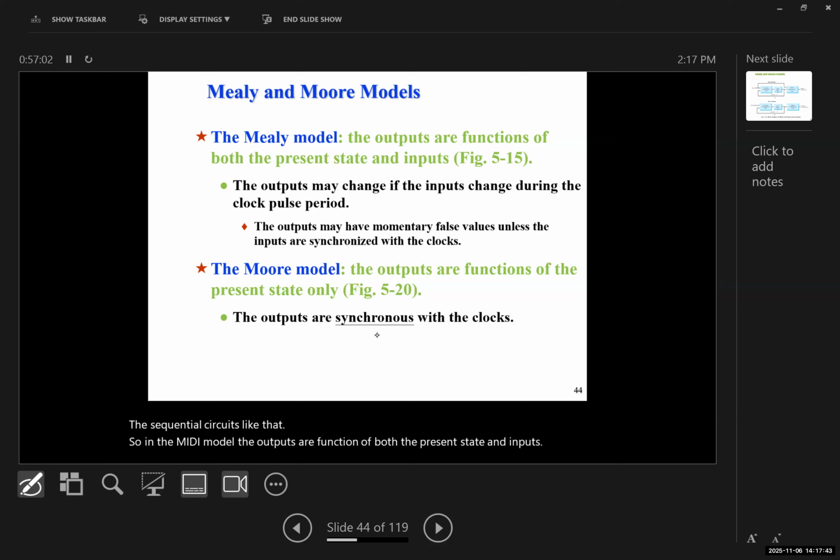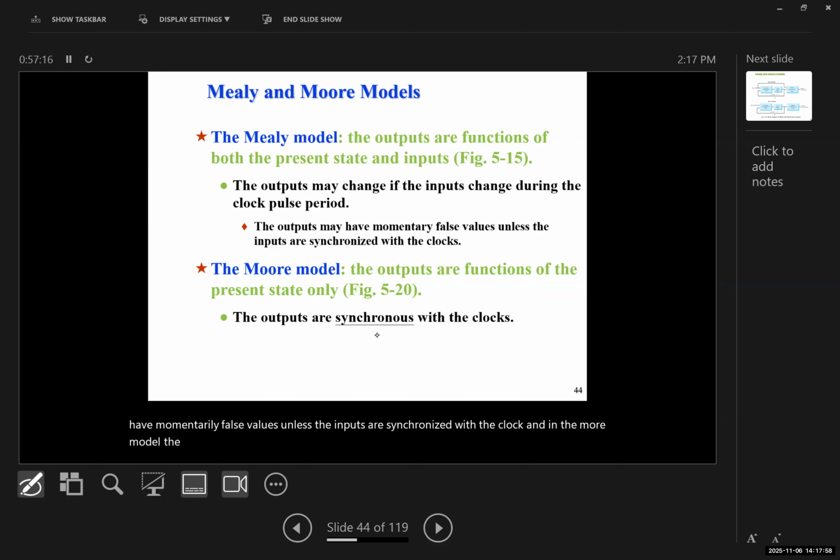The output may change if the inputs change during the clock pulse period. The outputs may have momentarily false values unless the inputs are synchronized with the clock. And in the Moore model, the outputs are a function of the present state only. The outputs are synchronized with the clock. I think it's enough up to this point for today.